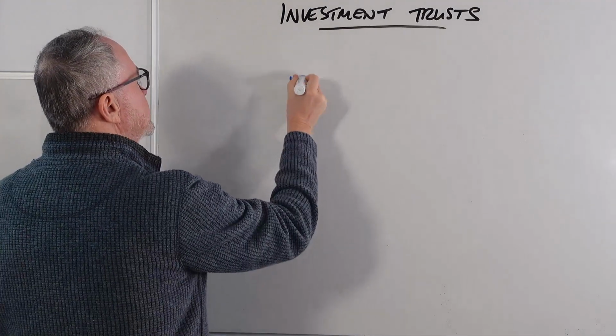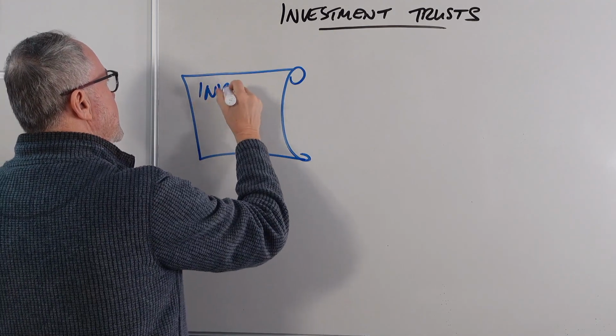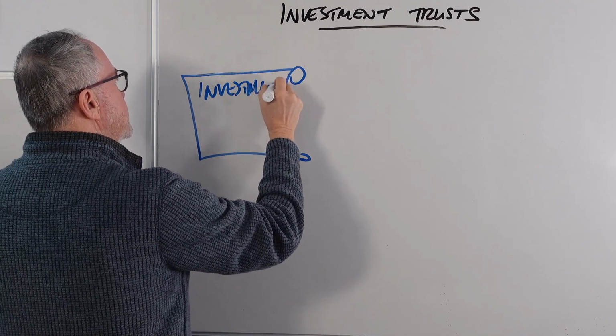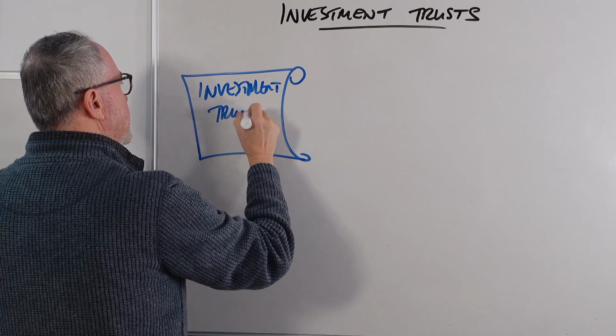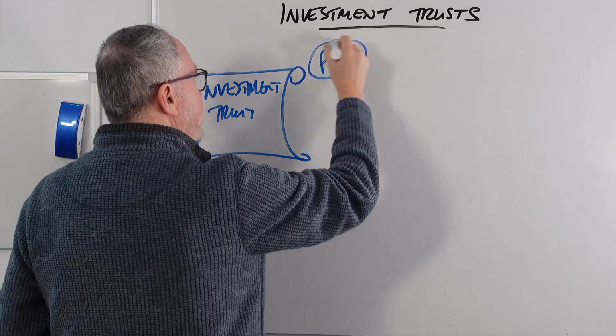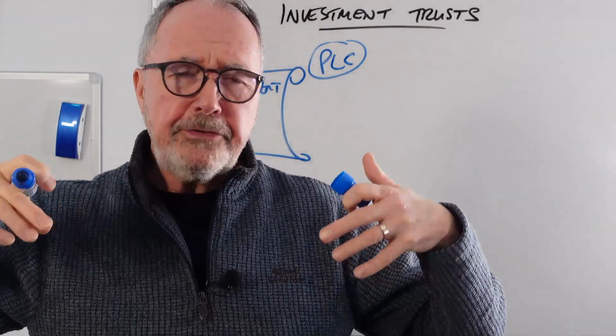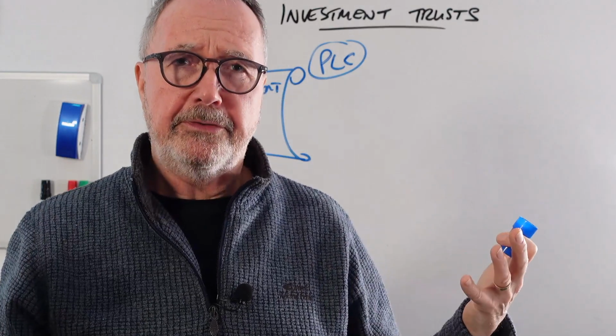So let's just draw a little picture there for you of an investment trust. It's a share in its own right. Now, an investment trust is actually a company. It's a PLC. Because it's a PLC, it's actually traded on the stock market. So it's governed by company laws and all those good things.